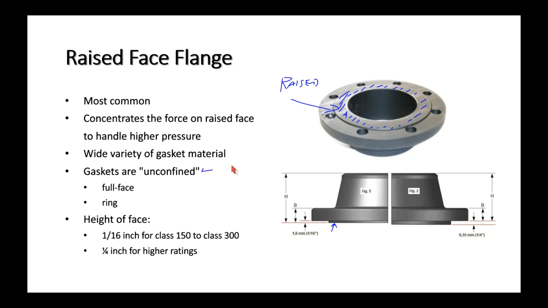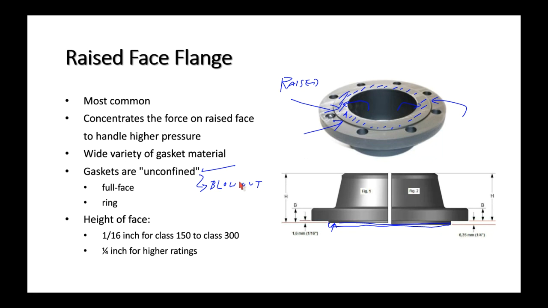Now, the next thing is this unconfined gasket. If I put a gasket there, that gasket is exposed to the fluid on the inside, and it's exposed to the atmosphere on the other side. So what unconfined means is that the gasket could blow out under certain circumstances.